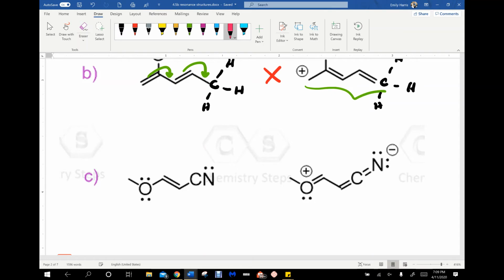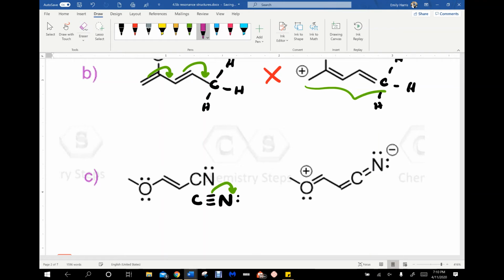It looks like what they need us to remember is that this CN is really a triple bond, with the nitrogen having a lone pair. So it looks like nitrogen has gained an extra lone pair here. So we must be using one of those triple bonds to donate that lone pair. All right, that looks good so far.